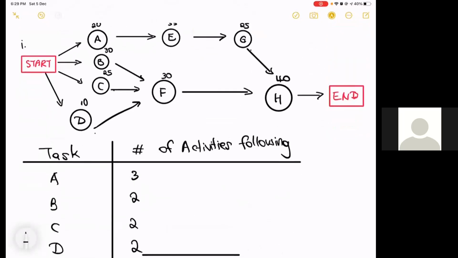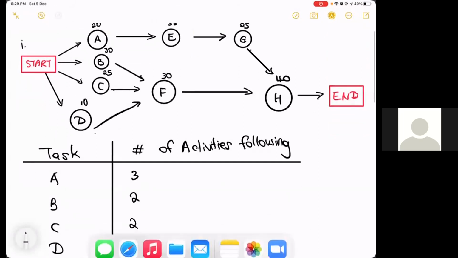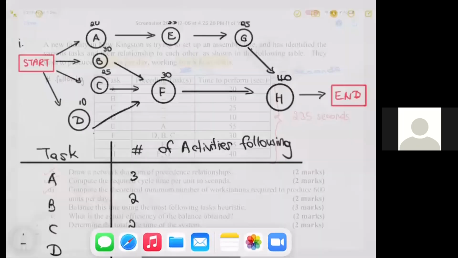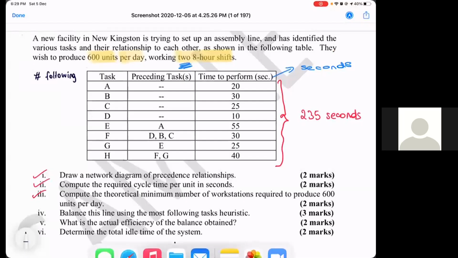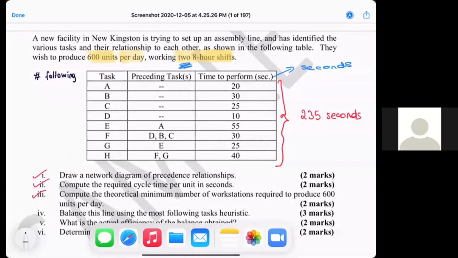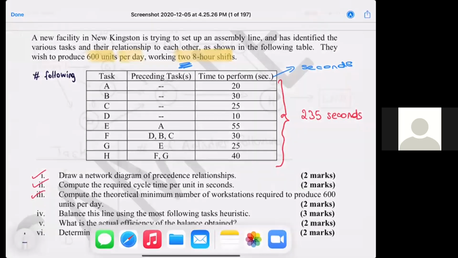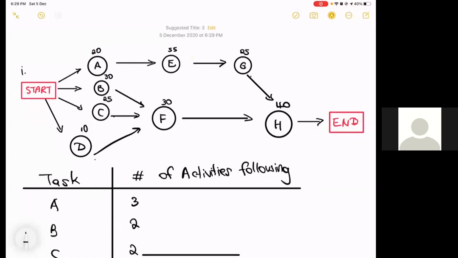So now we're going to assign workstations. Let me refresh my mind what the thing says. Let's do that. We're assigning workstations. That means that we're going to group the tasks together so that we know which workstation hosts what task.